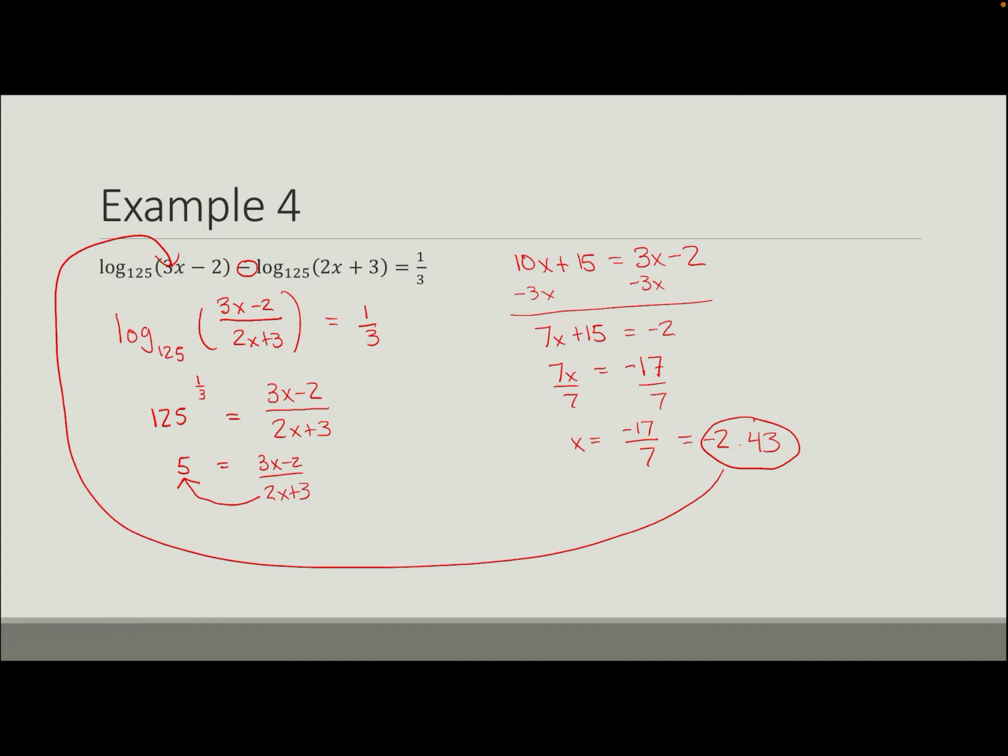So the logarithm can't have a negative input value. So in this case, we're going to get no solution because the negative 2.43 doesn't actually work. Our only possible solution does not work. And again, if it makes just one of the logarithms have a negative input value, the problem can't be solved.